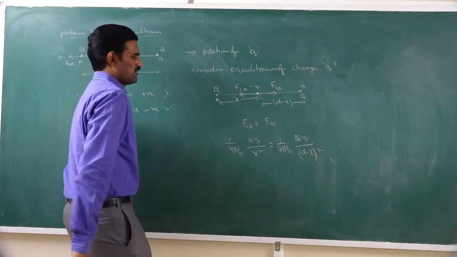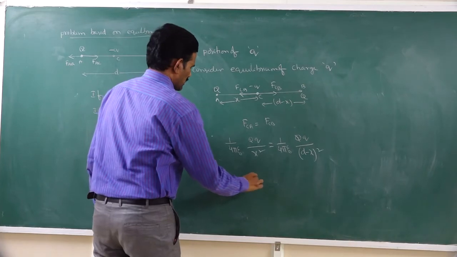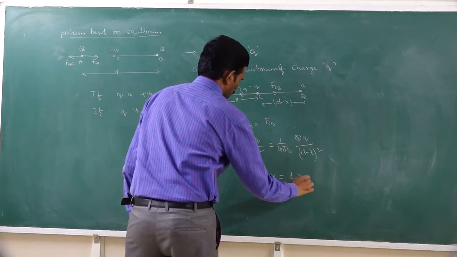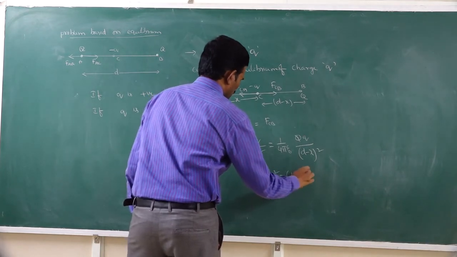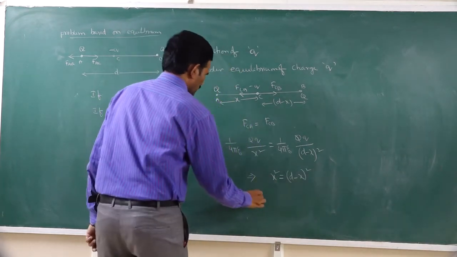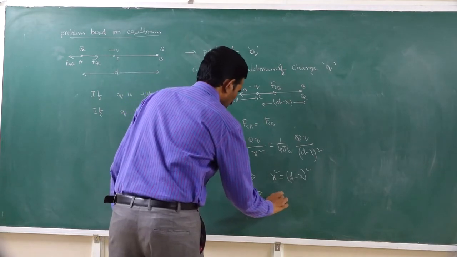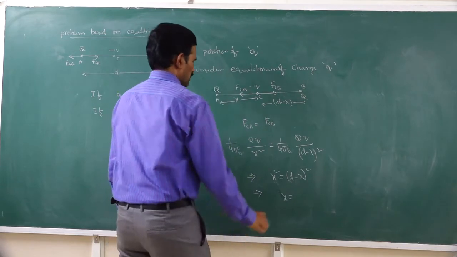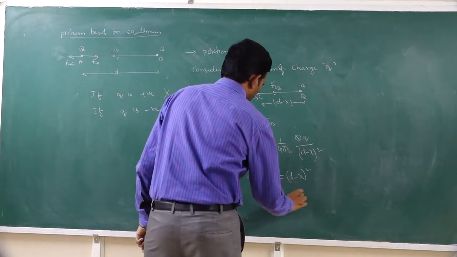Let us simplify this equation, then you can get the expression. So x square is equal to d minus x whole square, and from this the possible value we can write as x is equal to d by 2.